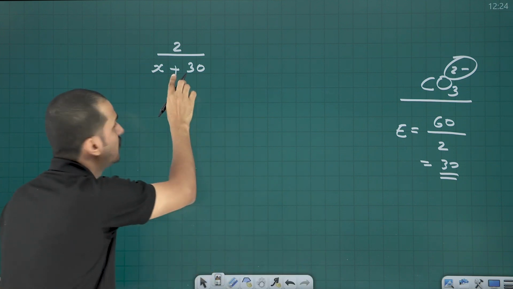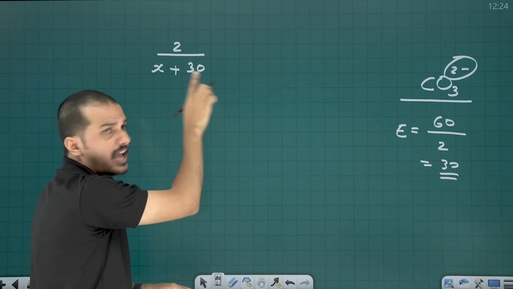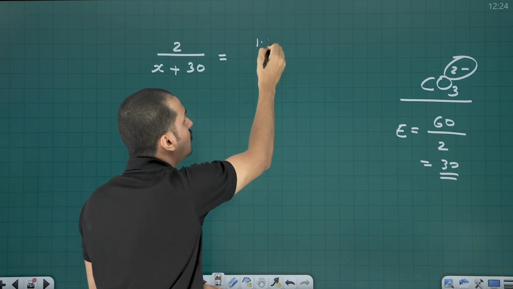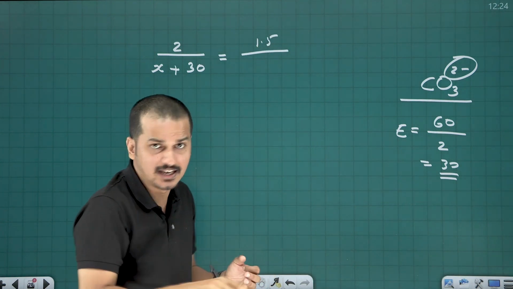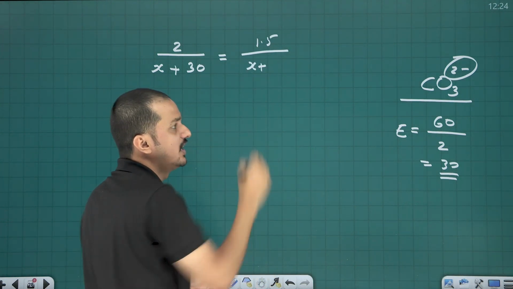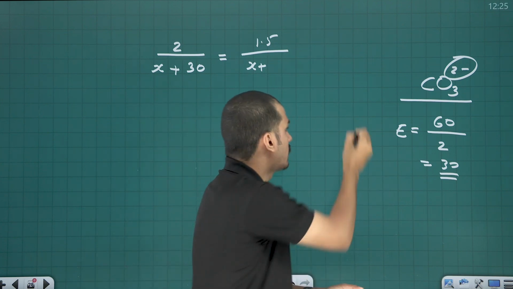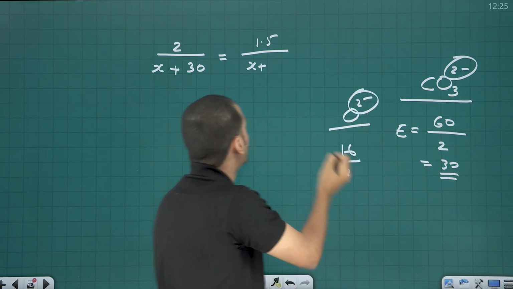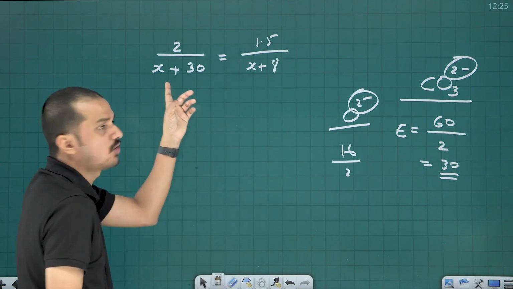Clear? So 2 divided by x plus 30 is equal to 1.5 divided by, again, equivalent weight of metal is x, plus equivalent weight of oxide. Oxide means O2 minus, its mass is 16, its charge is 2, so 8. Now we have to solve for x.